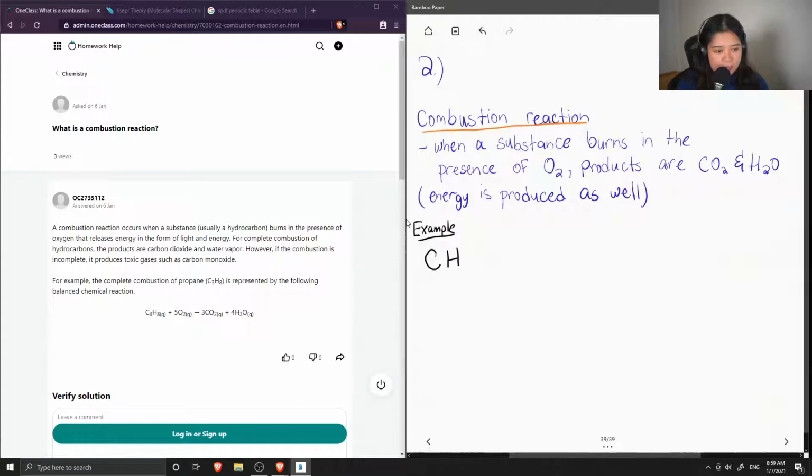So let's say we had hexane, which is C6H14, and it's a liquid maybe, plus oxygen gas, and this produces carbon dioxide and water. I'll just put the states in as well.